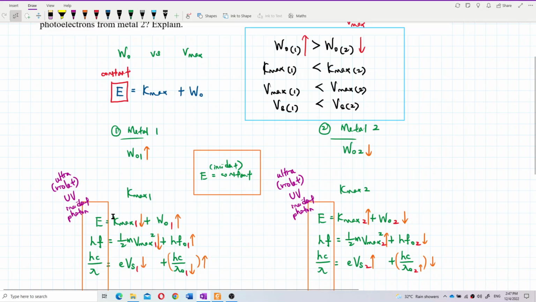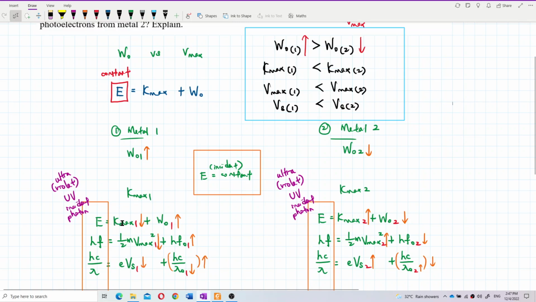The energy received by the electron is the same for both metals, because they receive the same ultraviolet light energy.